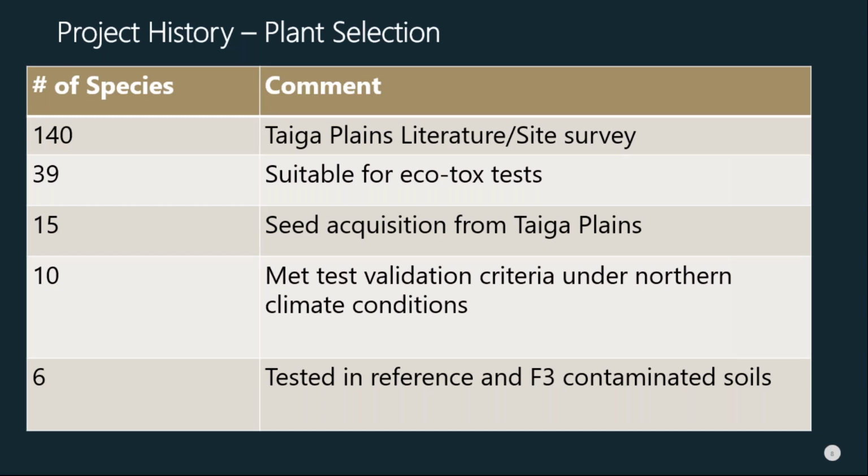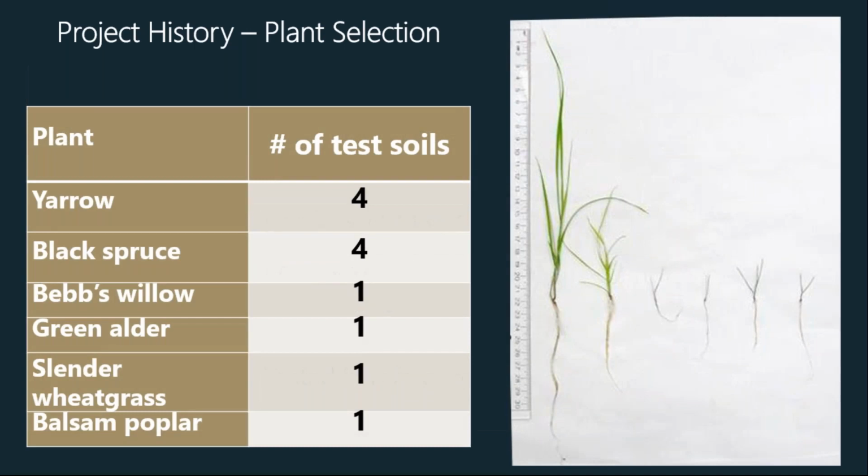These 6 plant species were tested in reference or background soils, and then also in the F3 contaminated soils. The 6 species that were used were yarrow, black spruce, Bebb's willow, green alder, slender wheatgrass, and balsam poplar. Now, the number of test soils varied depending on the plant species.